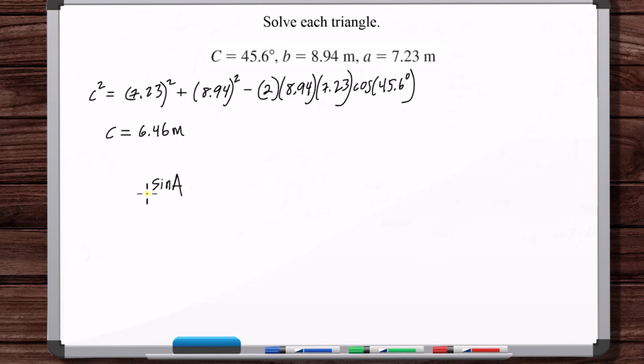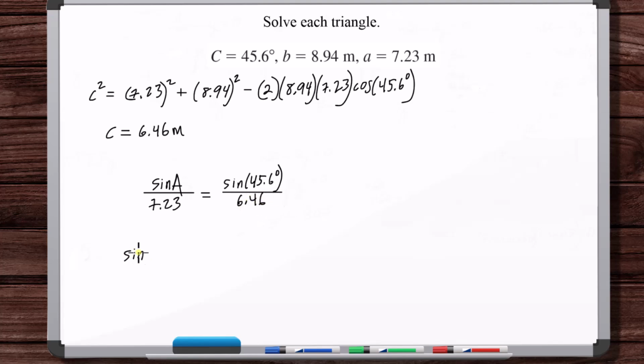So sine of A over 7.23 is equal to sine of 45.6 degrees over 6.46.